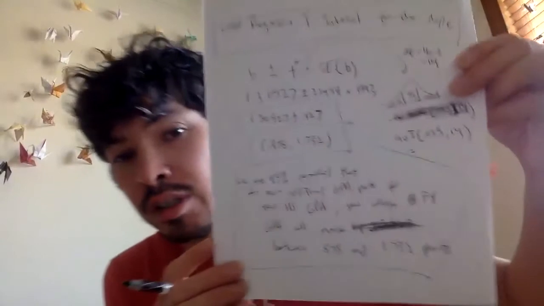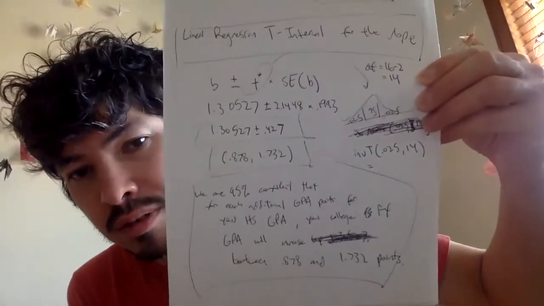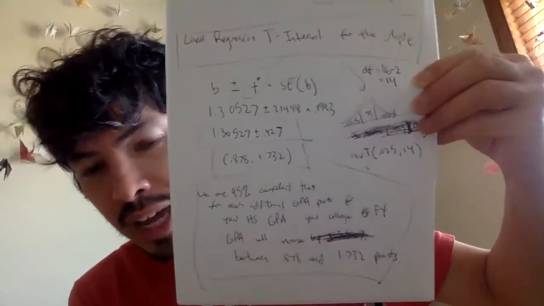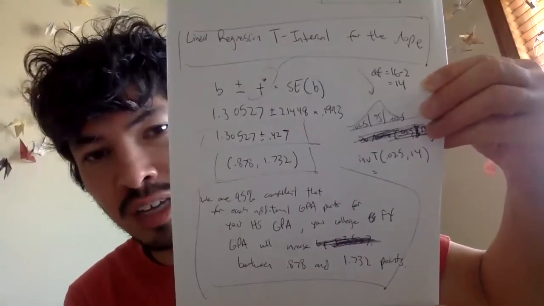We are 95% confident that for each additional point of GPA you get for your high school GPA, your freshman year college GPA will increase between 0.878 and 1.732 points. And that is a 95% confidence interval for the slope. Sorry about my handwriting. You can rewind it and hear me say it.